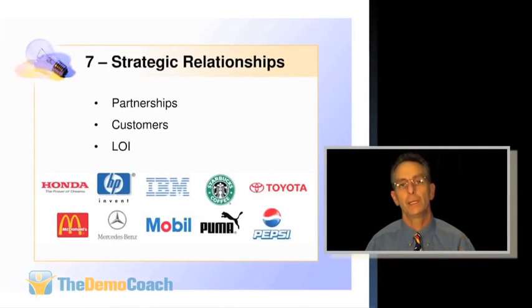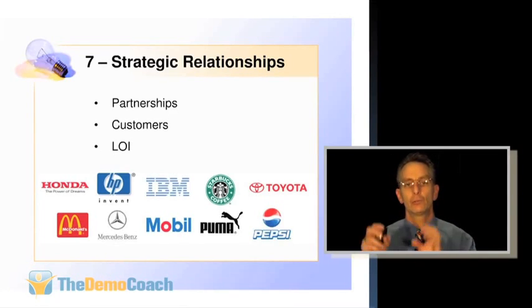And this is where you would put any partnerships, any customers, and maybe if you had a letter of intent or a memorandum of understanding from a company, it doesn't go a really long way, but you might be able to mention it. And I would just put the logos of the companies here, so that gives you the freedom to talk about what the kind of relationship and partnership is that you have with these companies.